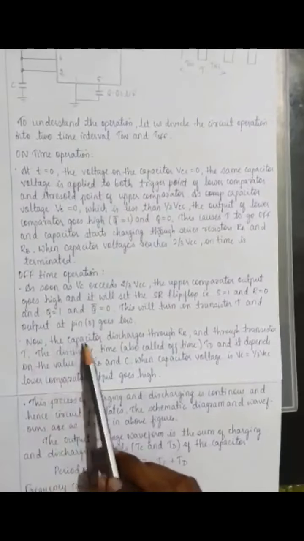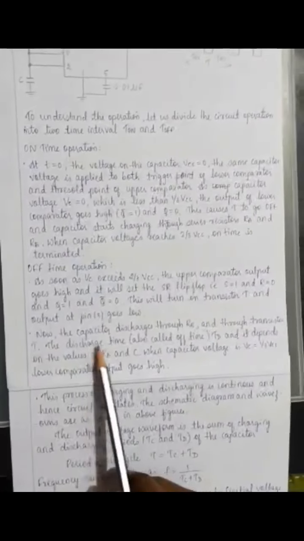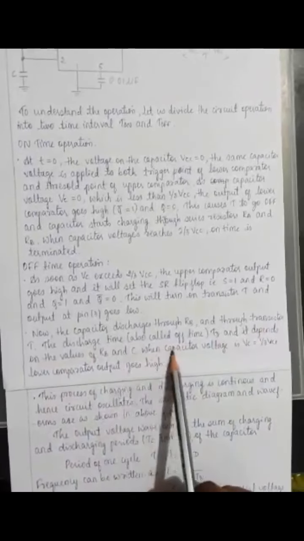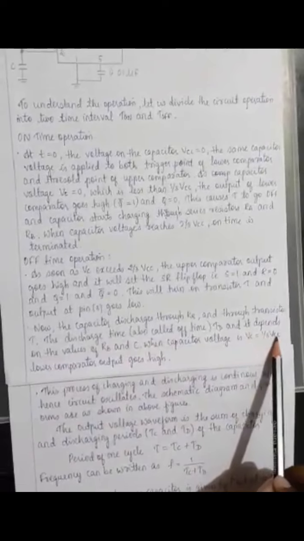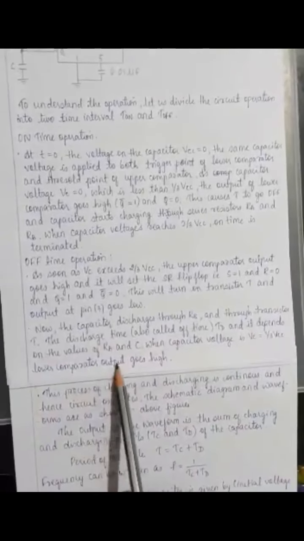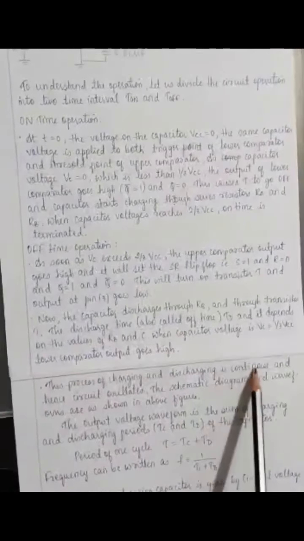Now the capacitor discharges through RB and through the transistor T. The discharge time Td depends on the value of RB and C. When the capacitor voltage Vc is equal to 1/3 VCC, the lower comparator output goes high. This process of charging and discharging is continuous, and hence the circuit oscillates.